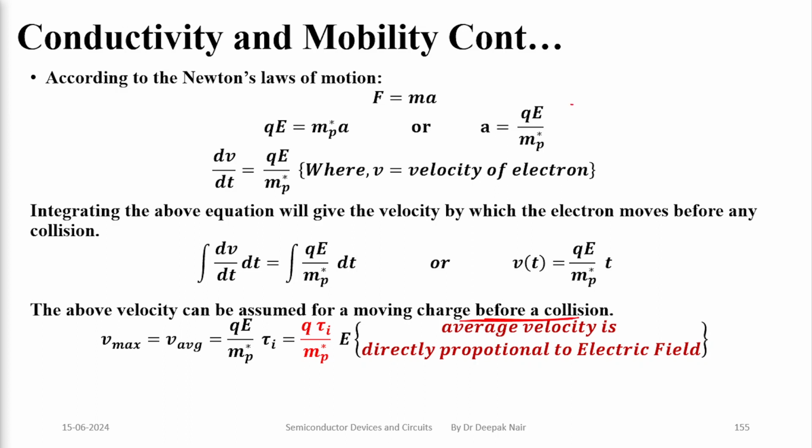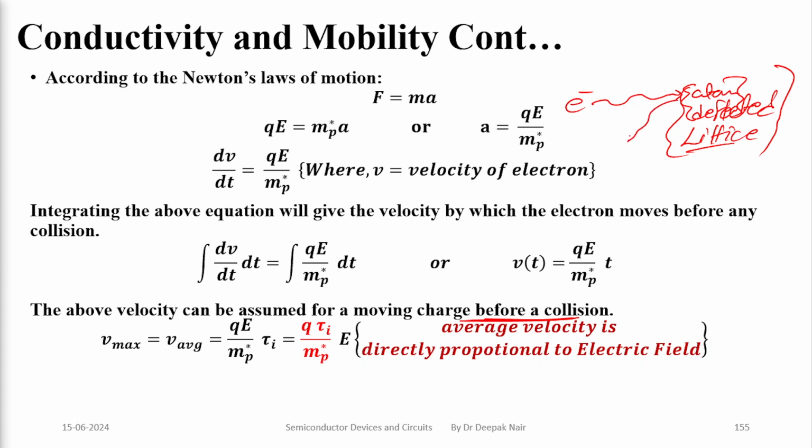Suppose the electrons started moving in one direction, and due to the presence of any atom, defected crystal, or lattice vibration and so on, if the electron collides with the atoms, it will get deflected.